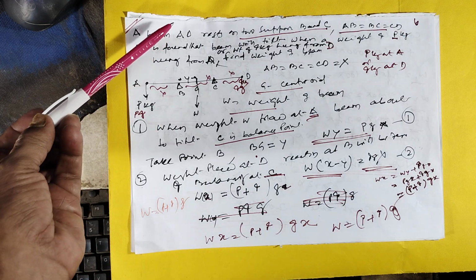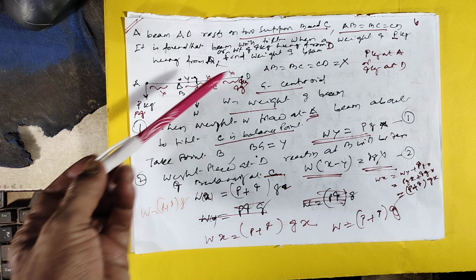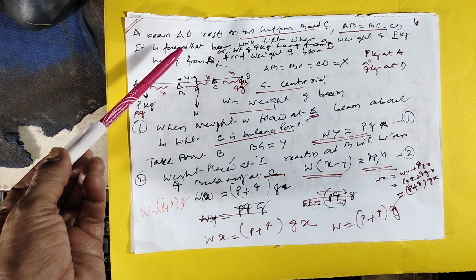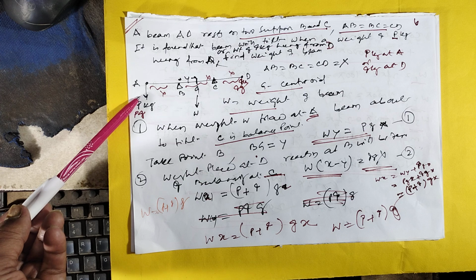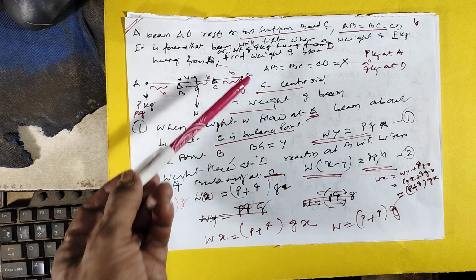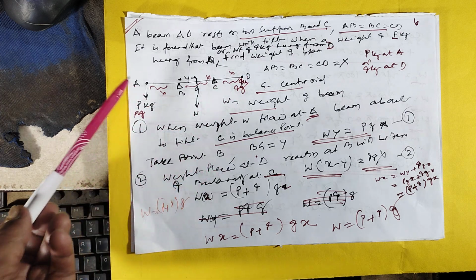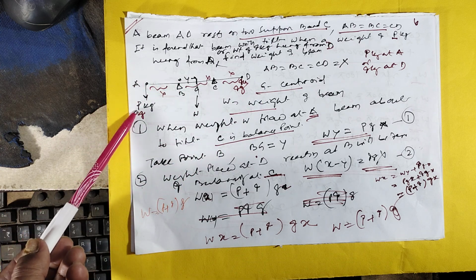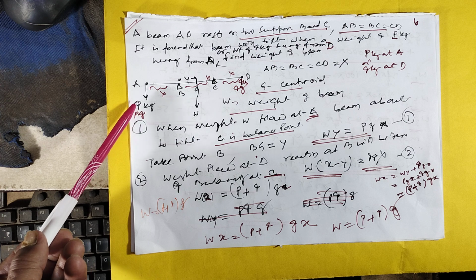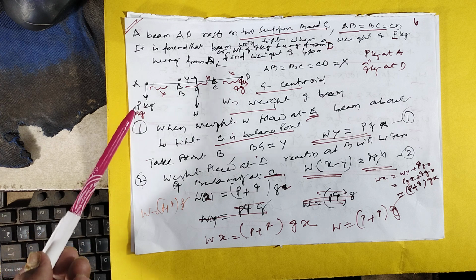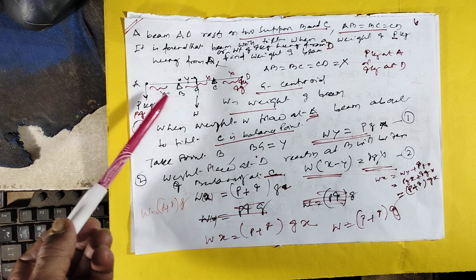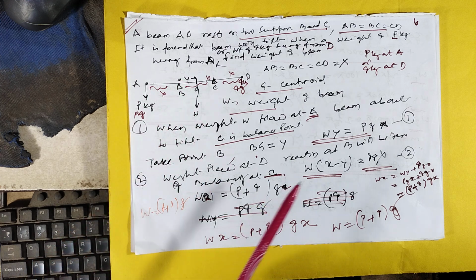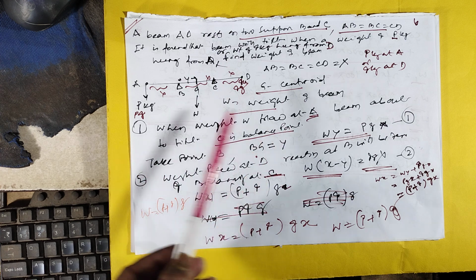Here one beam AB rests on two points B and C. AB, BC, CD, let us take it as x. Then it is found that the beam tilts when P kg force is placed here, and in the separate case Q kg force here. Take first the P kg, nothing else here, so I balance at this point. So P is the kg, so P g, where g means gravitational acceleration due to gravity, into x is equal to W into y.